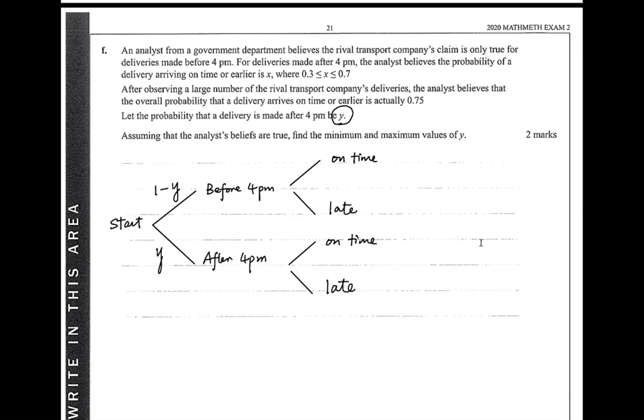For deliveries made after 4 p.m., on time has a probability X. This is X. This is 1 minus X. So how about these two entries? Assuming that the analyst's beliefs are true.